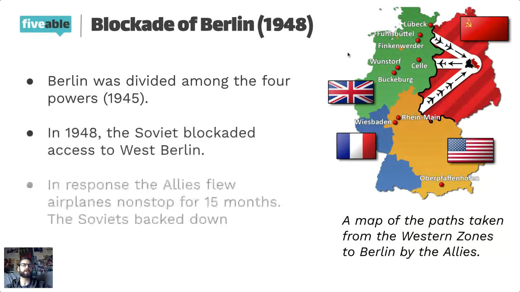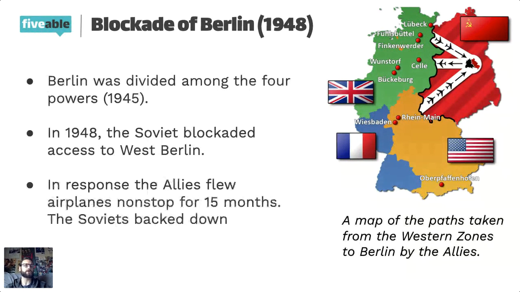So, in 1948, an event known as the Berlin Blockade occurred. And what this was, the Soviet Union cut off all rail traffic and water traffic and car traffic from the western zones into Berlin.